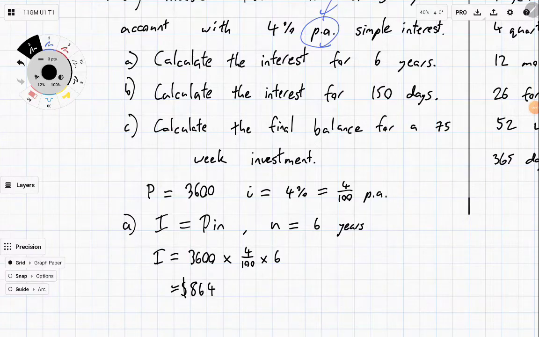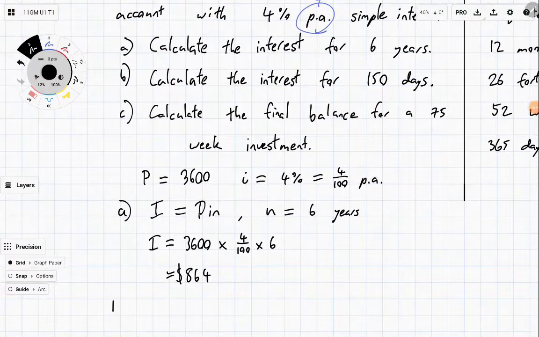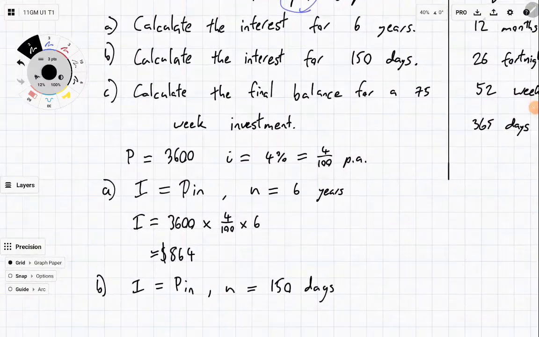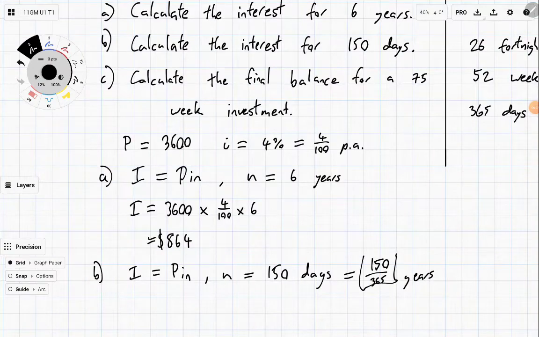Let's have a look at B. For B, I is equal to PRN, and N is going to be equal to 150 days. However, 150 days is not what we're after. We're after this in years. So since there are 365 days in a year, we can write this as 150 over 365 years. So we're converting from days into years. We don't need to work out what this is, in the same way we don't need to work out what this is.